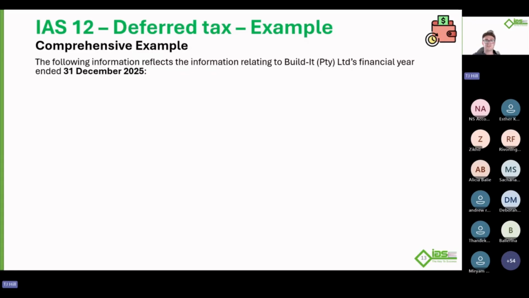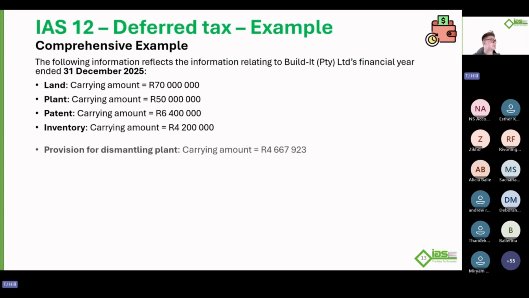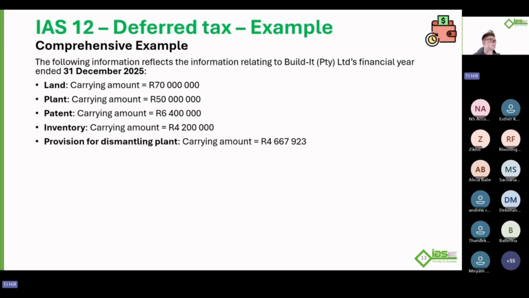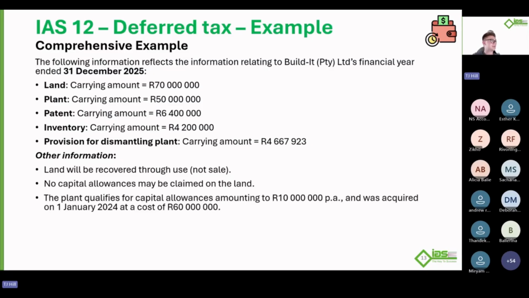Cool. Let's do a very quick example, just covering quite a few things we've covered. Assume at 31 December we have the following carrying amounts: land, plant, patent, inventory, provision for dismantling, given to you there, and other information. Land will be recovered through use, not sale. Assume that for now. No capital allowance is claimed on the land. We know that.